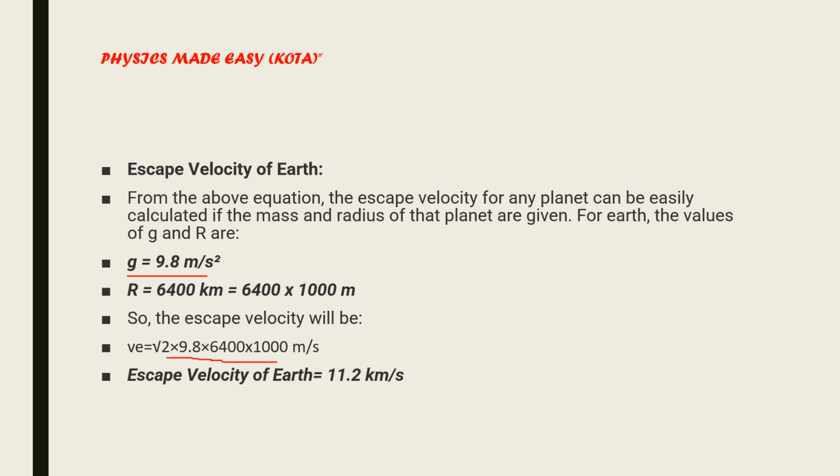Then on calculation, we find the final answer, that is equal to 11.2 kilometer per second. So dear students, calculate the expression and then compare your answer. So this is the escape velocity of Earth, that is 11.2 kilometer per second.